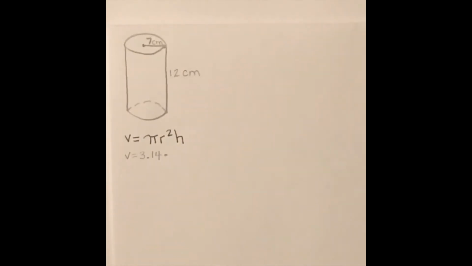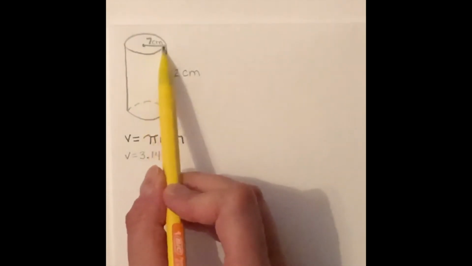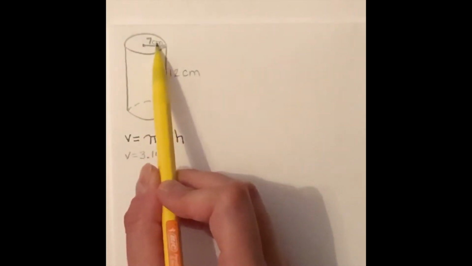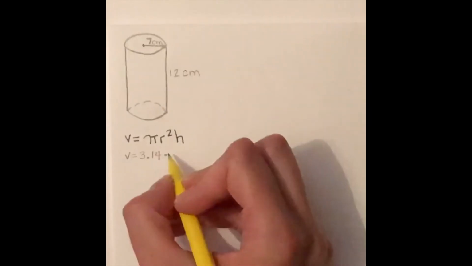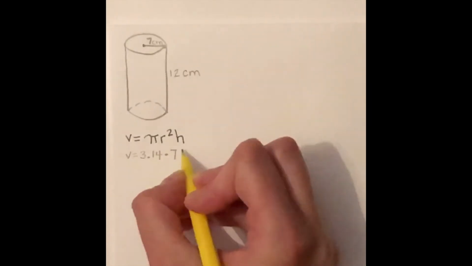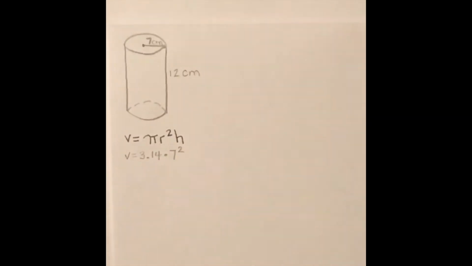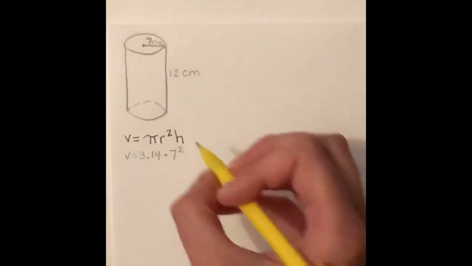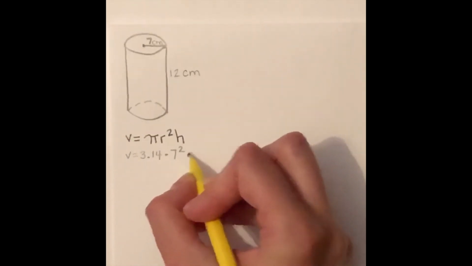The radius here is given to me. This length is the radius and it's 7 centimeters, so this becomes 7 squared. The height from the problem is 12 centimeters, so we're going to multiply that by 12. And then from here, it's easy computation.